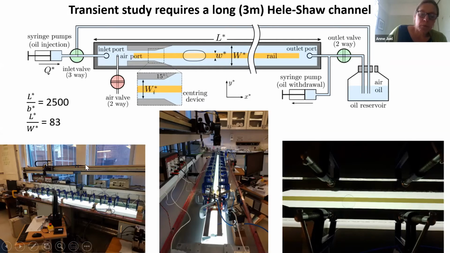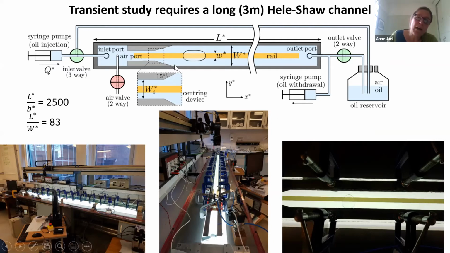What is worth looking at in these pictures is the illuminated channel, and then you have a camera system on the rail above it, and the camera moves with the bubble. It doesn't track it in real time; we set a given speed of the camera, so that's why you'll see in the movies of our bubbles, they might look like they're moving slightly forward or slightly backwards, and that is really relative to the motion of the camera, but we can calibrate that out.